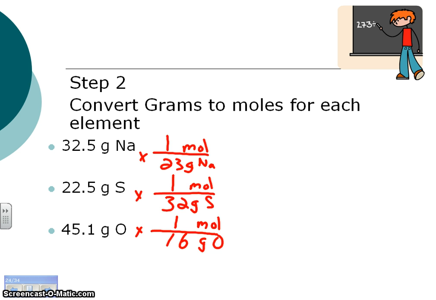If we do our mole conversion, 32.5 grams of sodium divided by 23 grams, the molar mass of sodium, that gives us a value of 1.41.